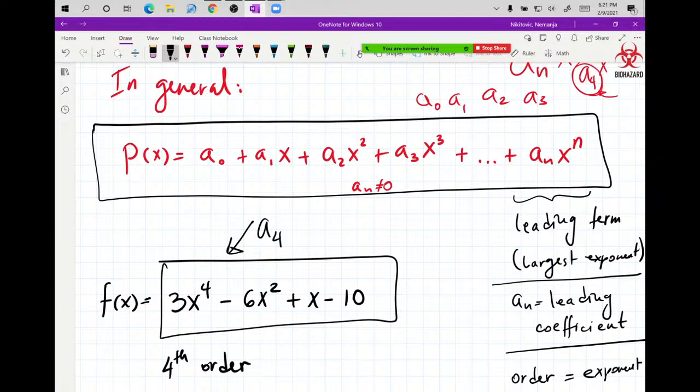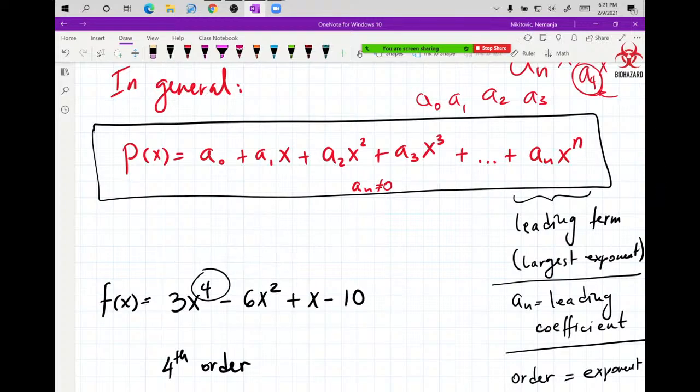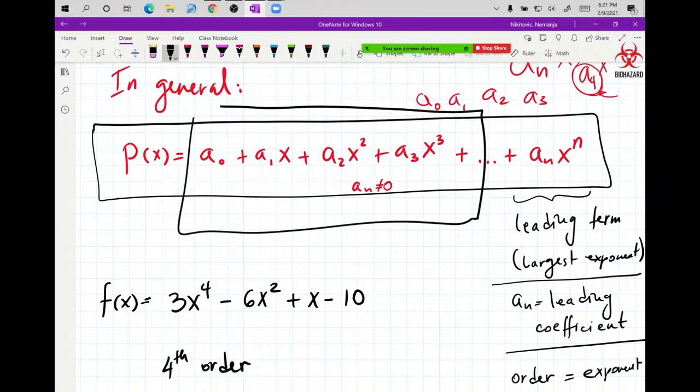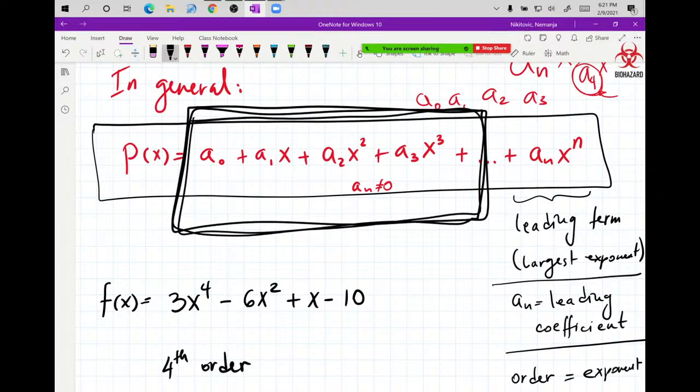Okay. Oh, so it won't become 3, 4. It still stays A. It just becomes A4 instead of AN. Yes, because it has to match the exponent. Gotcha. It's just the index to give us a location of where it goes. So if you take a look at what is explicitly written over here, just ignore everything else. Just look inside the box. You see that a3 is just the coefficient of the x cubed term, and a2 is the coefficient of the x squared term.